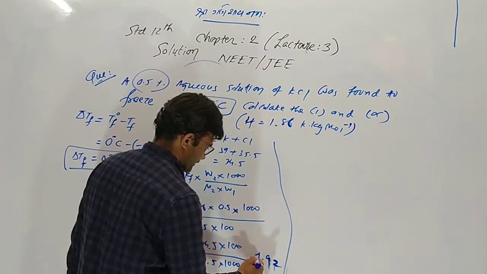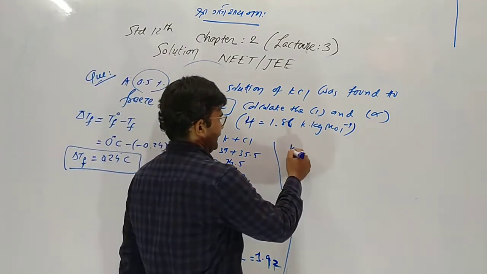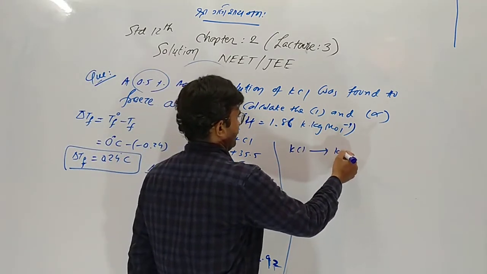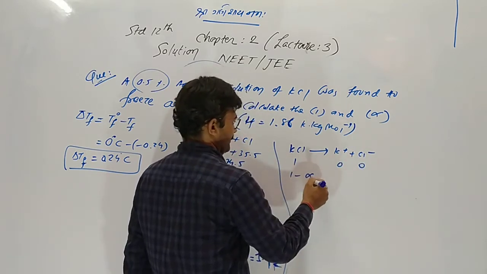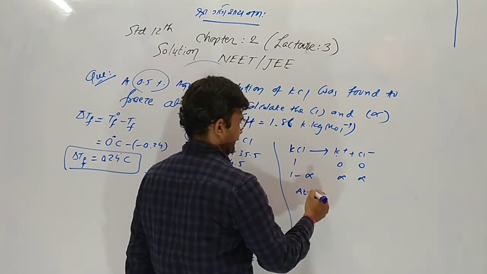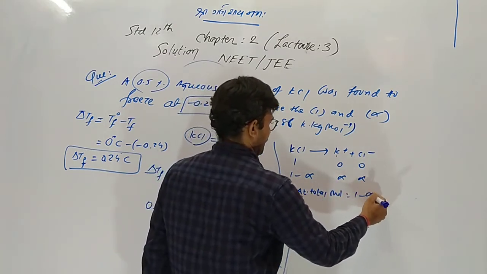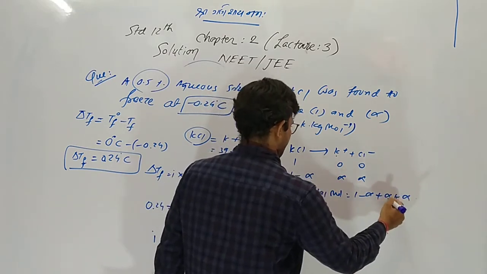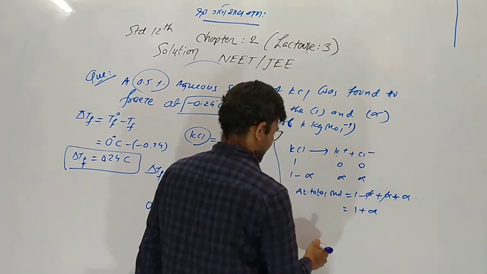Dissociation degree. We know KCl in water ionizes: initially 1, 0, 0; then 1 minus alpha, alpha, alpha. So at equilibrium the total moles are 1 minus alpha plus alpha plus alpha, so 1 plus alpha.